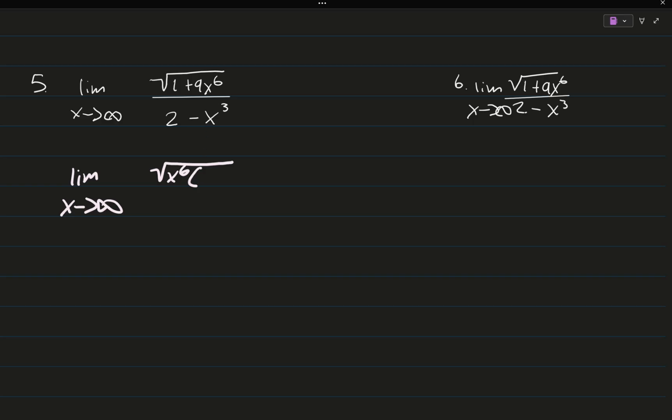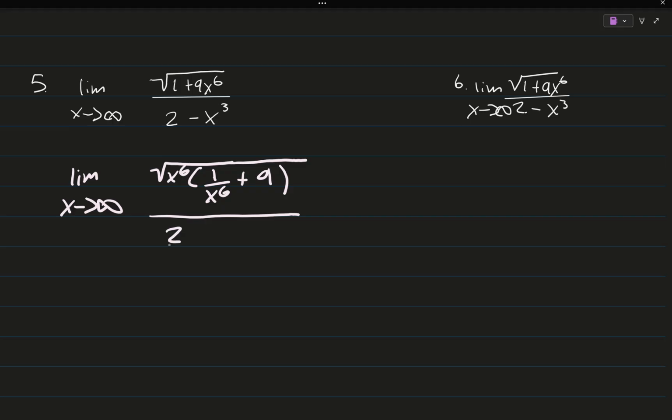So this will become 1 over x to the 6 plus 9. Because now when I multiply, x to the power of 6 divided by x to the power of 6 is 1, and x to the power of 6 times 9 would be 9x to the power of 6, all over 2.